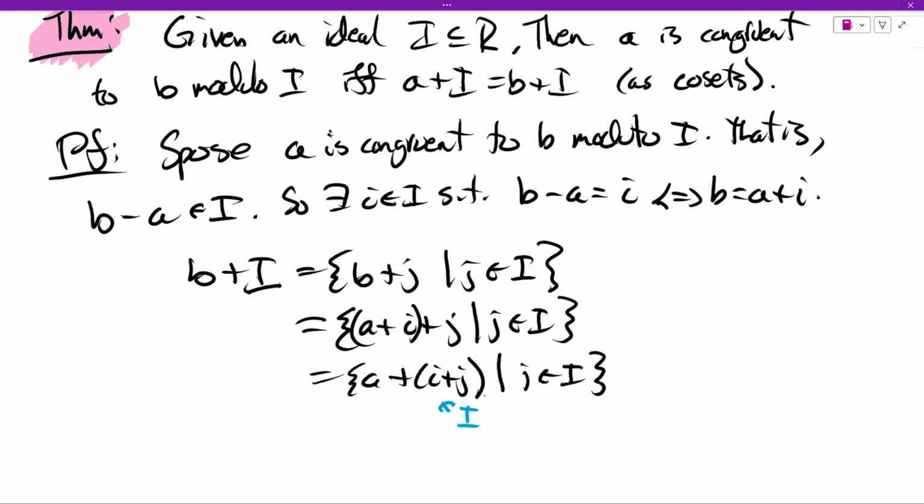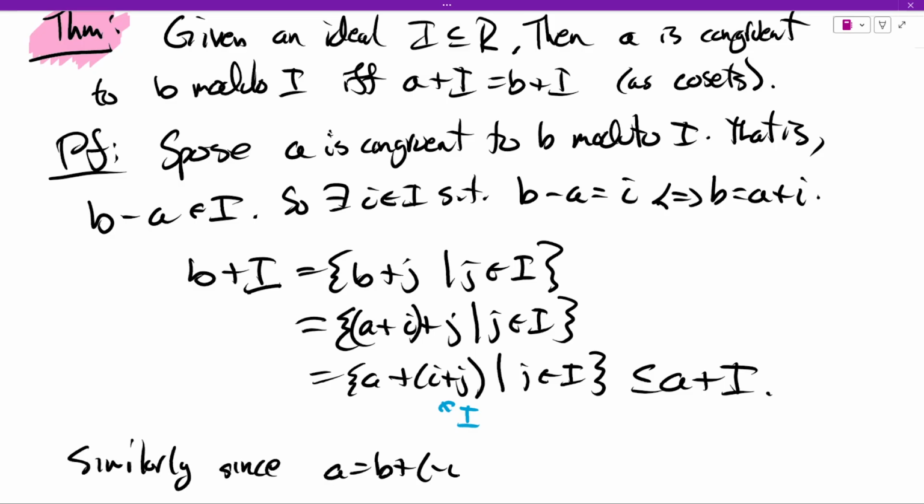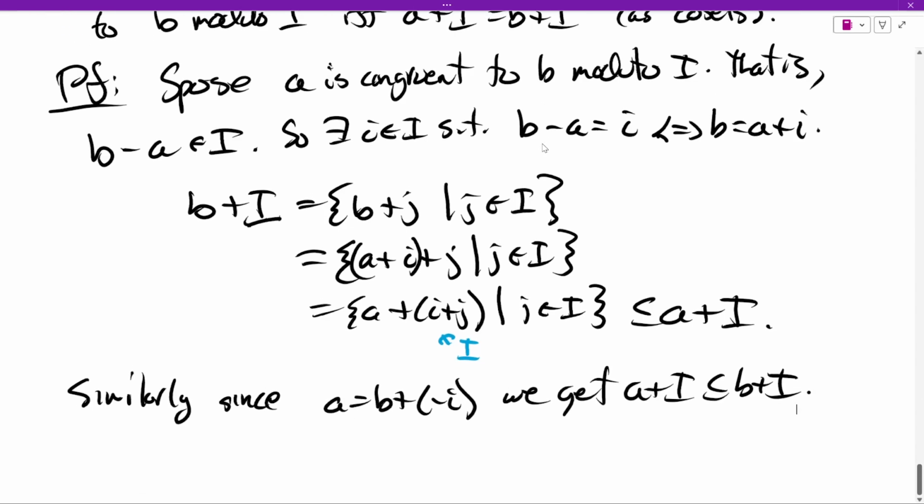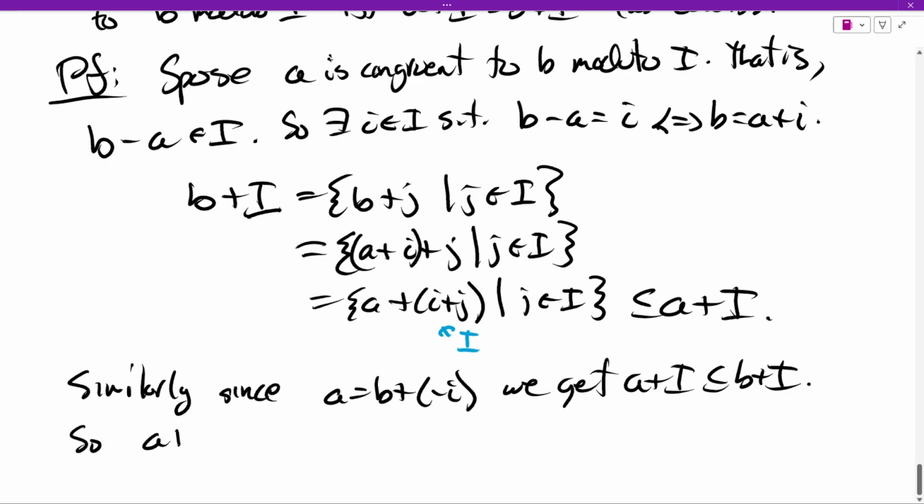In particular, though, this is certainly contained in A plus I. Elements here are of the form A plus an element of I. Similarly, since A is B plus negative i, by moving the i over, we get that A plus I is contained in B plus I. Okay, so we have our double containment argument. So the cosets, in fact, are the same. Great. So that's our forward direction.